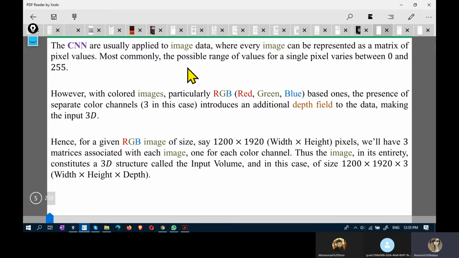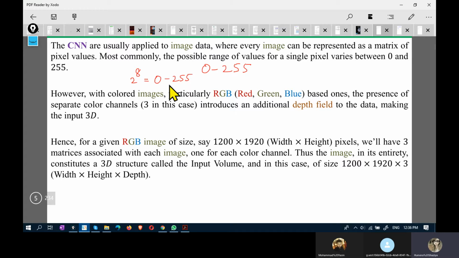The pixel value will range from 0 to 255. Why 0 to 255? If you use 8 bits, 2 to the power of 8 is 256, and if you start the value at 0, it will be 0 to 255.